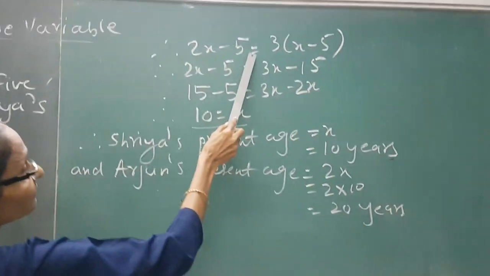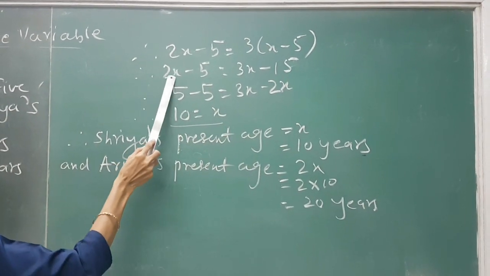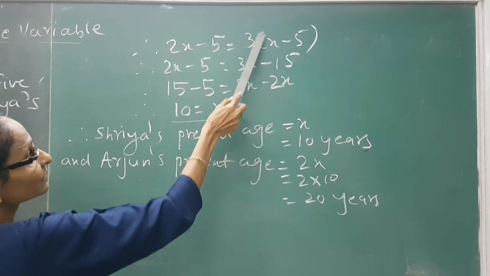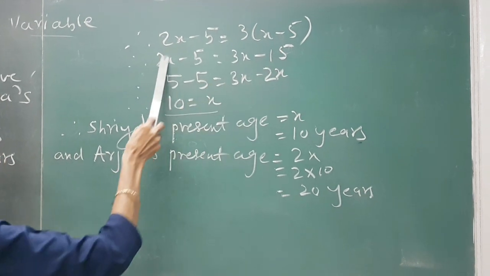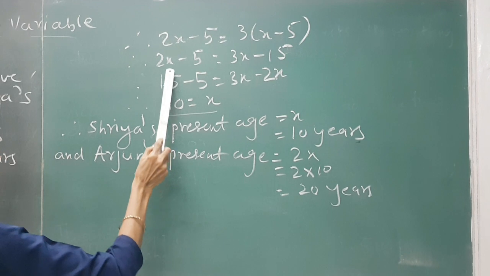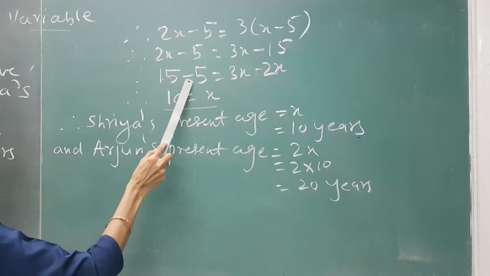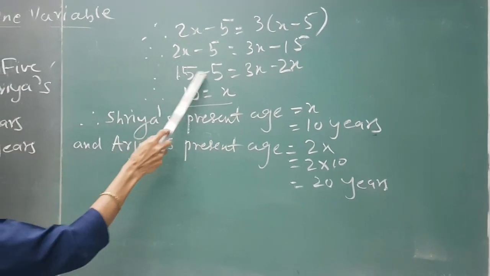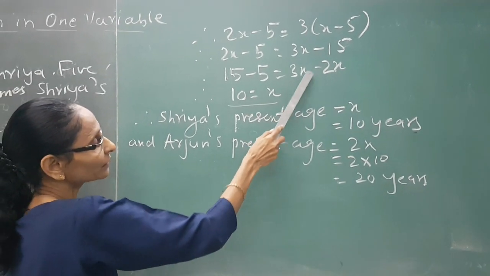Therefore 2x minus 5 is equal to 3 times (x minus 5). Therefore 2x minus 5 is equal to, opening the bracket, 3x minus 15. Now transposing 15 to the LHS and 2x to the RHS, 15 minus 5 is equal to 3x minus 2x.